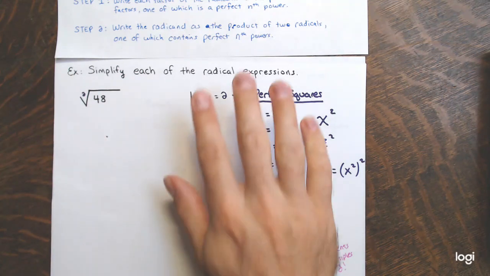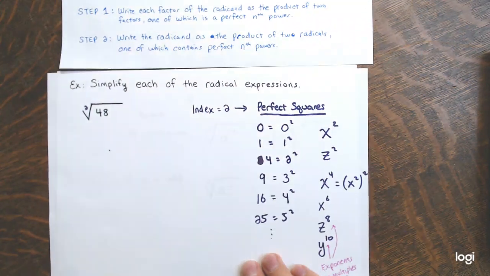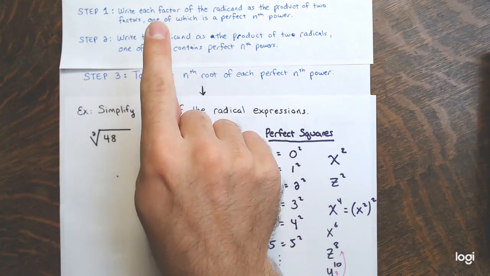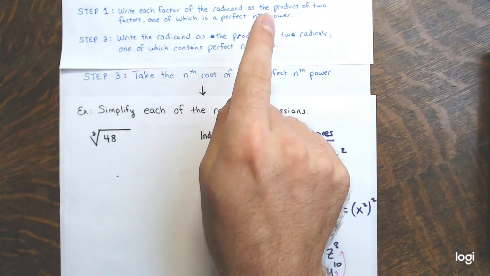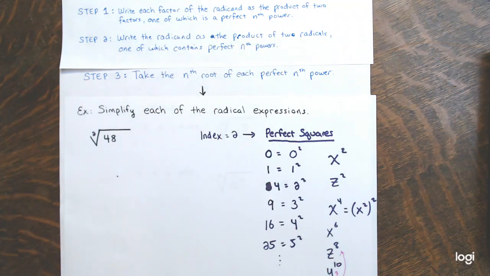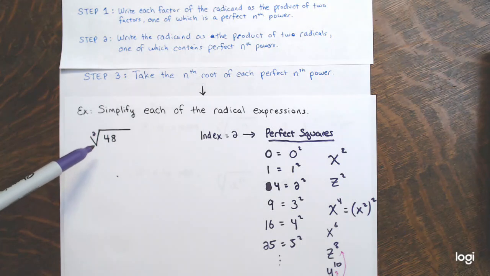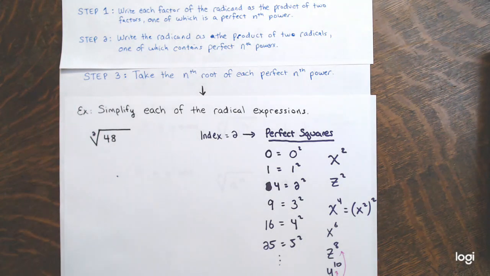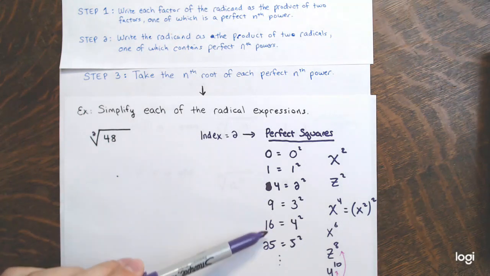All right, so remember that first step was the following. The first step was write each factor of the radicand. So I'm going to take the radicand and write it as a product of two factors, one of which is a perfect nth power, in this case a perfect square. So think of 48, and then what's the largest of the perfect squares that goes into 48?